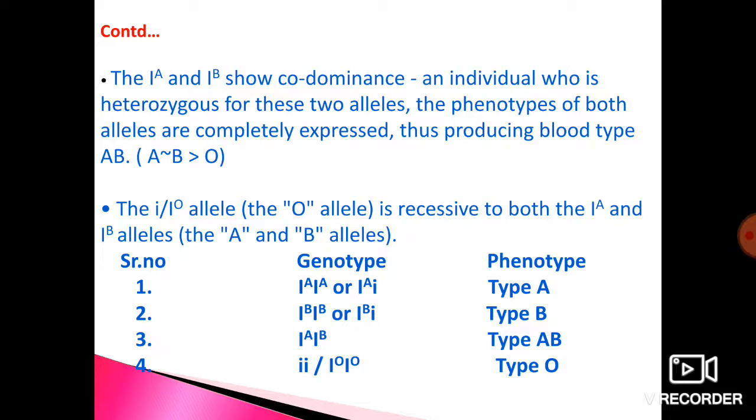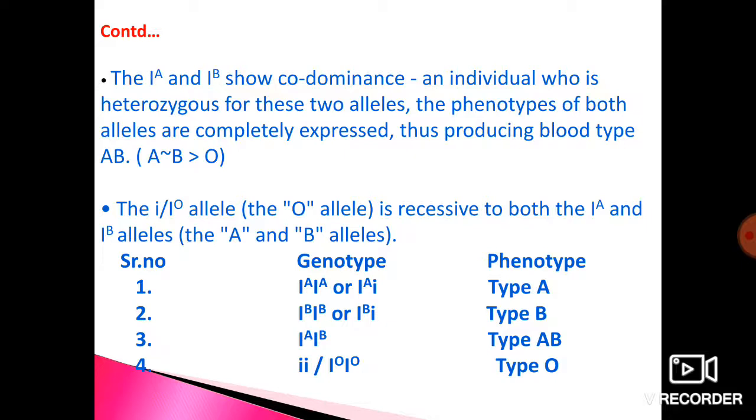Only and only when, from the father's side and the mother's side, someone receives IA and IB, both will be equally dominant and will share the blood cells 50-50. Some blood cells will have A antigen on their surface, some will have B antigen on their surface, and the person will be known as having blood group AB.